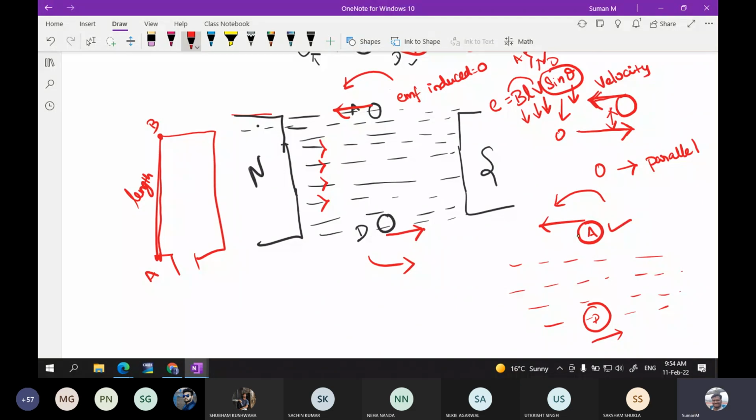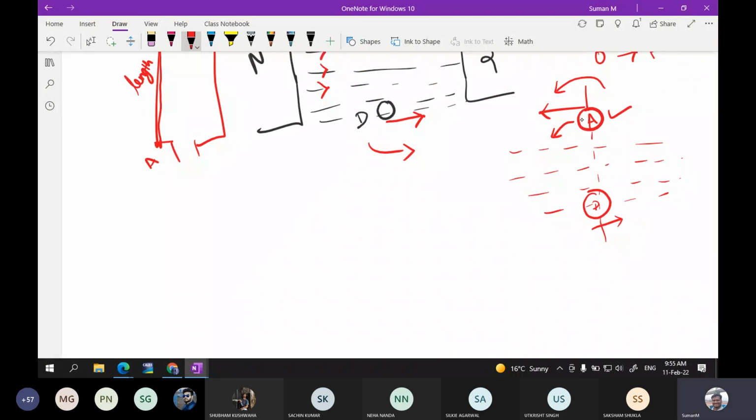Okay, now this conductor is going to rotate in this direction. So this is the axis. Now let us make this conductor move. So this is the magnetic field. Then let us link these two conductors like this in order to understand.